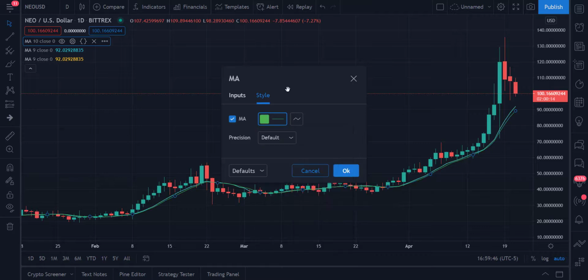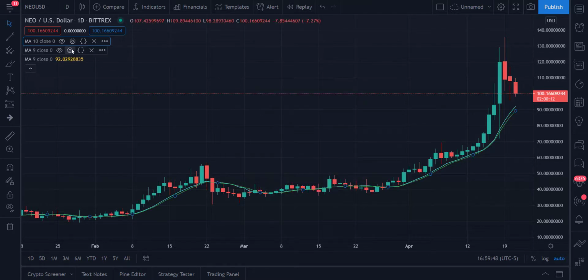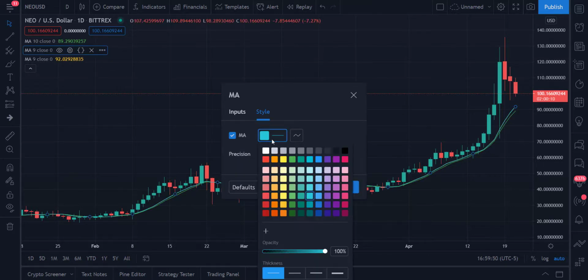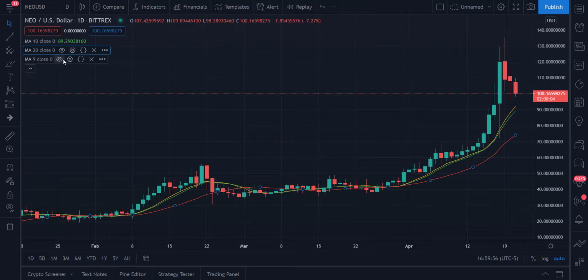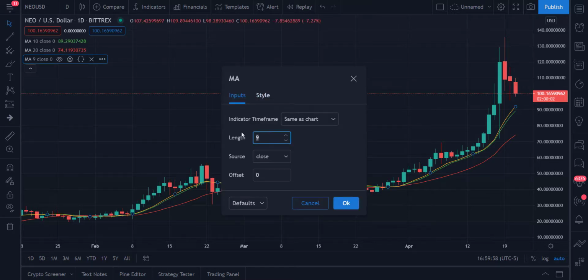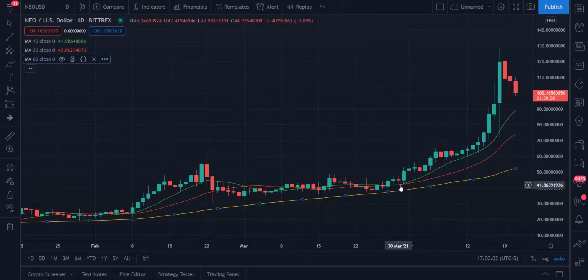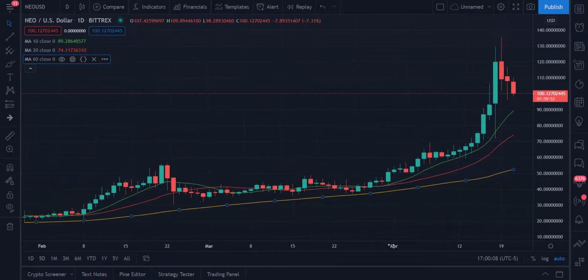I should set this up to make it automatic, but I like walking it through for those of you who are new to the channel or just want to get a better sense of manipulating TradingView. It's fairly simple. I like to use the 10-day, the 20, and the 60, even though cryptocurrency trades 24/7.